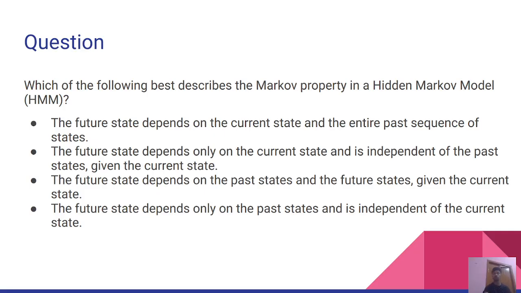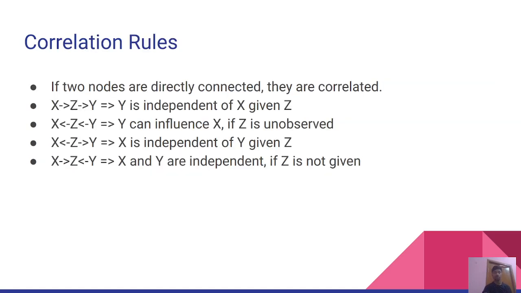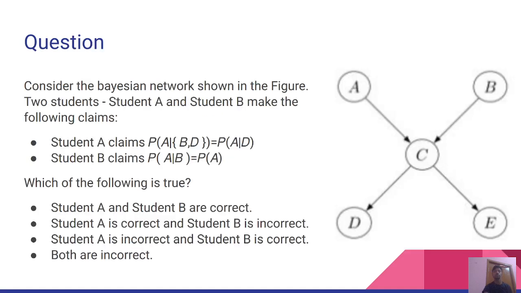So this one was an MCQ about the Markov property. This was for the directed case. The rule is very simple: if you have any node known, then that is blocked, and then you have to find out if there is an edge.